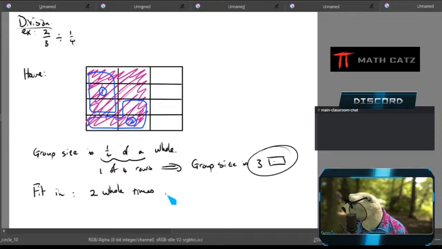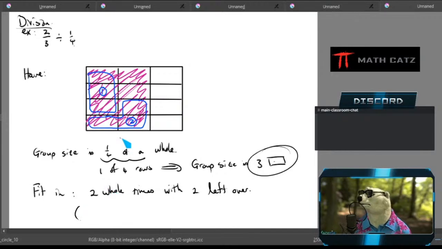Let me just think. Yeah. 2 whole times with 2 left over. I have a lot of 2's floating around here. That might not be ideal. Or we could say, excuse me, how many pink do we actually have? We have 1, 2, 3, 4, 5, 6, 7, 8. Let me write the have here.